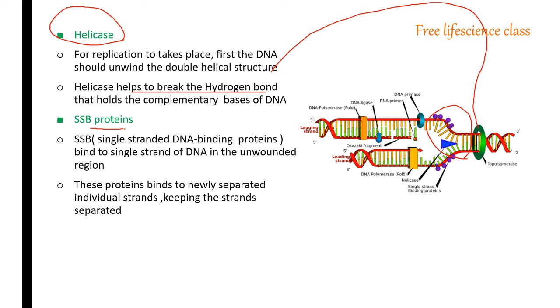These single stranded DNA binding proteins are very important in DNA replication because the complementary bases have a tendency to base pair with each other. So certain proteins help in keeping the DNA in single stranded form.